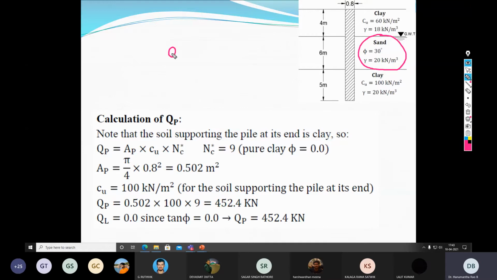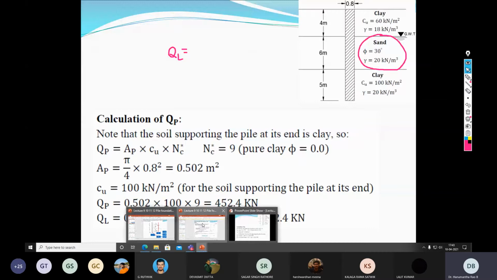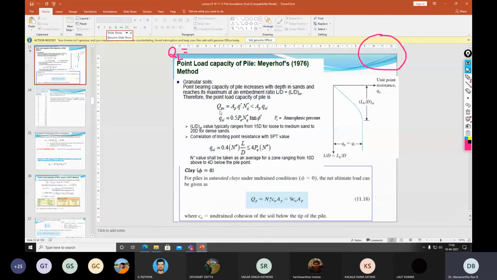What is the QL for sand? Calculate Q limited.